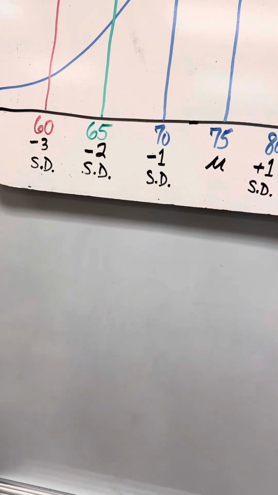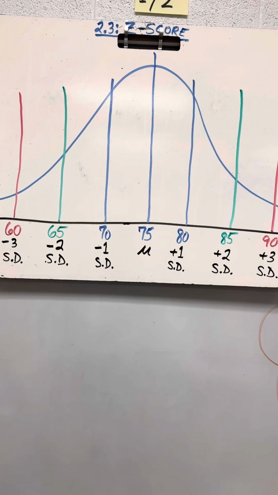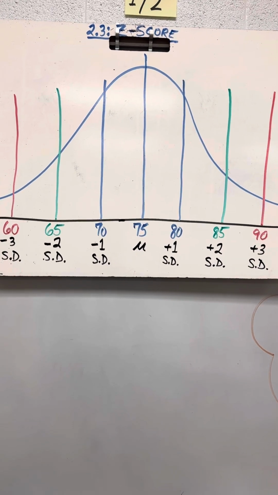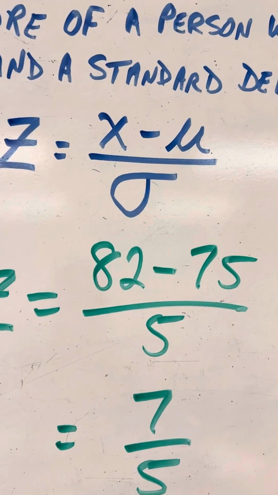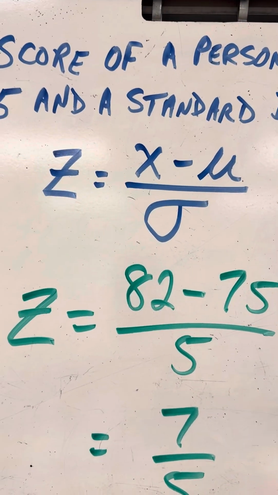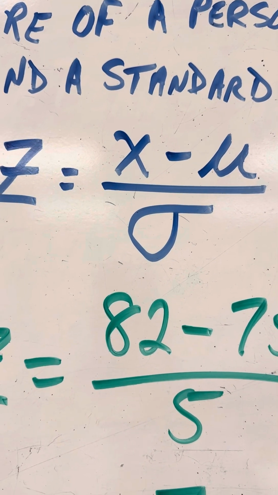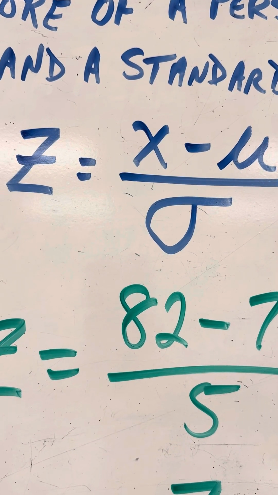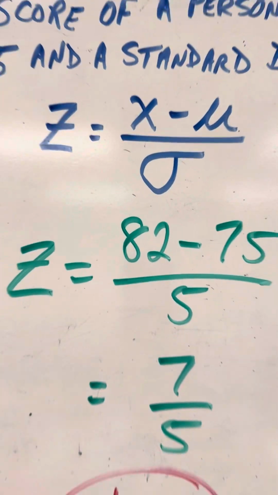All right. So now, instead of making a whole chart like this, there's a nice little handy-dandy formula to find Z-score. And it's x minus mu, mu is the mean, divided by sigma, which stands for standard deviation. Okay.